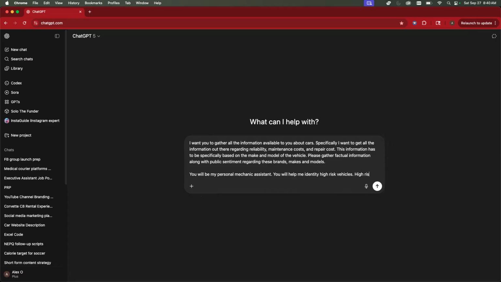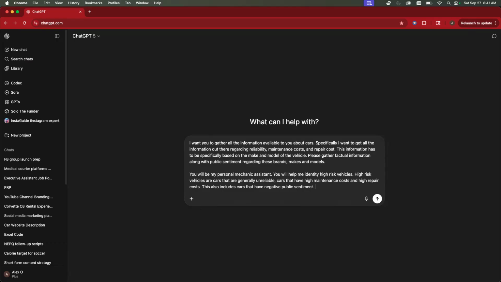So you say high risk vehicles are cars that are generally unreliable, cars that have high maintenance costs and high repair costs. This also includes cars that have negative public sentiment.